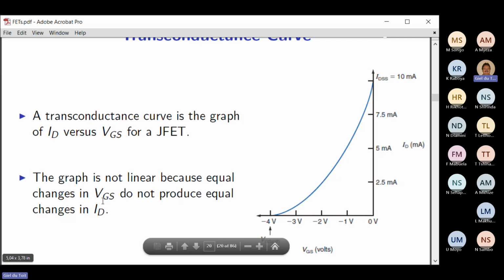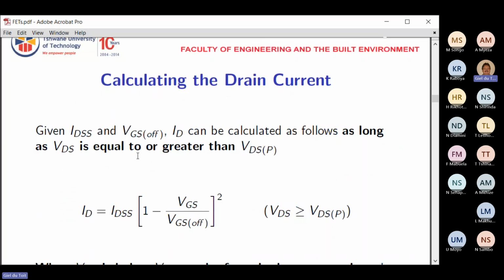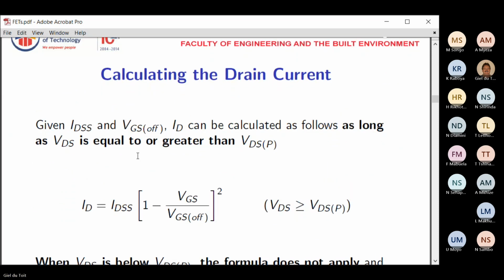So the drain current and the gate voltage are not linear with respect to each other. That's why this line is a little bit of an E curve shape, or a parabolic shape. So when you want to calculate the drain current, there's a formula for that.